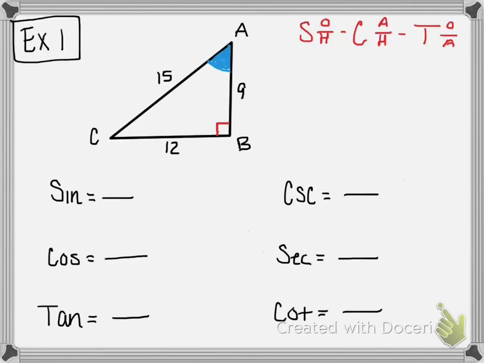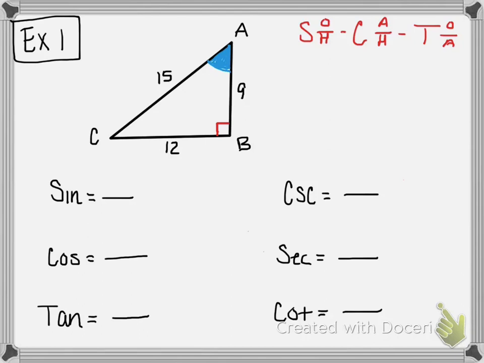So we're going to try one example together today because they are very similar to what you were doing originally. And notice that at the top I still have that SOH CAH TOA for you to go back to. Our first step when we learned about SOH CAH TOA was to take our given triangle and label each of the sides based on the angle.